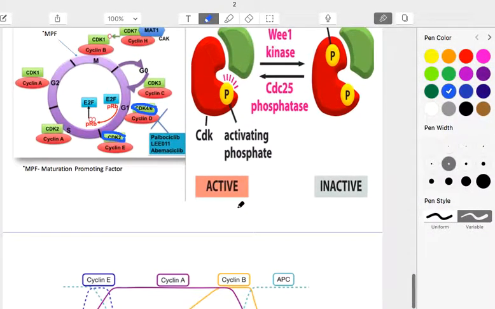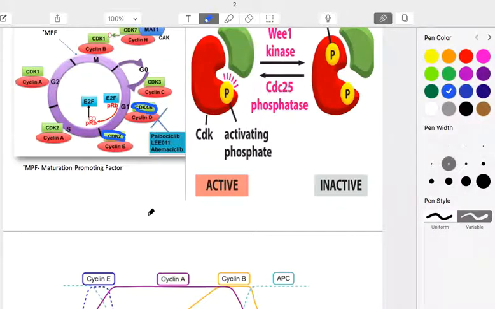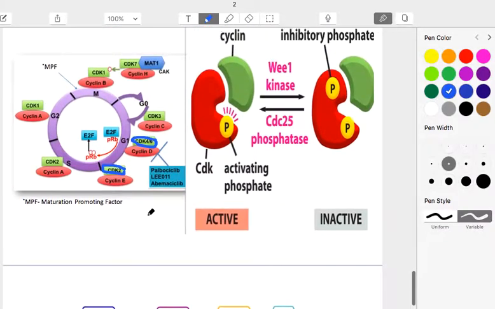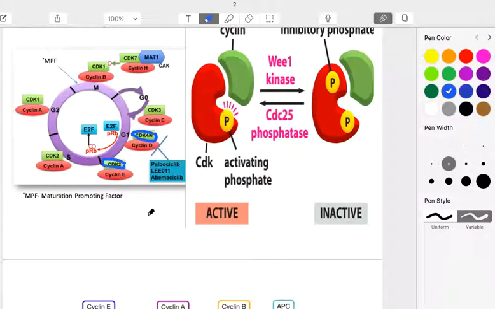Remember, cyclin concentration and the CDK concentration throughout the cell are different. What I mean by that is it is not always the same. CDK concentration is always the same in the case of cell division, but cyclin concentration is always changing.